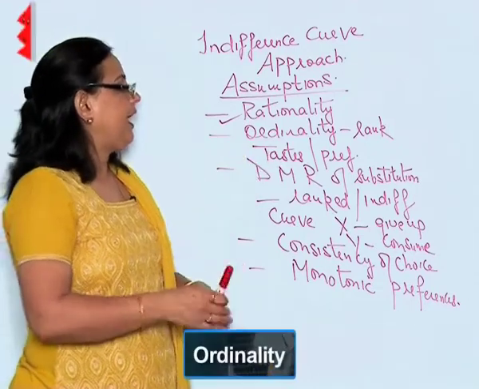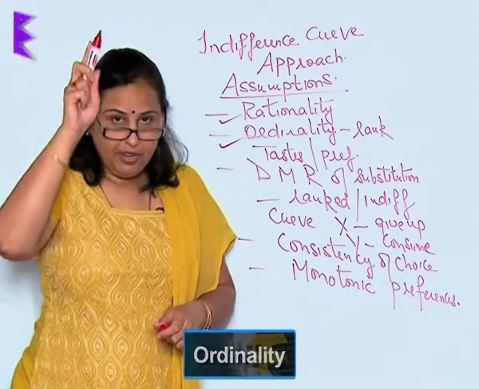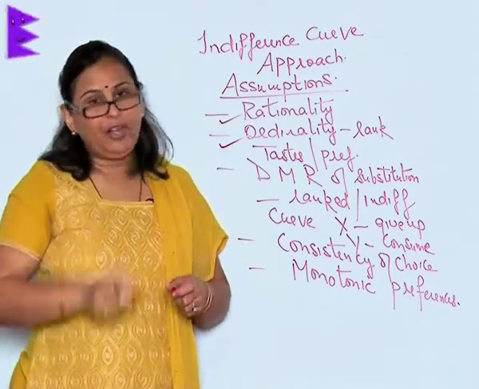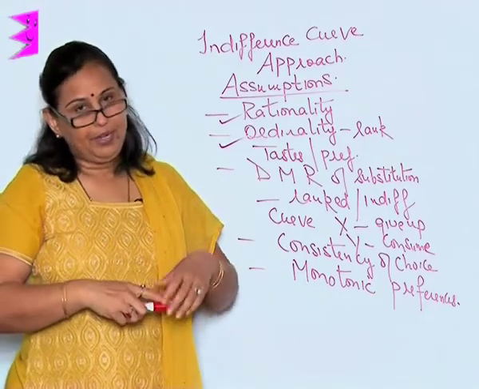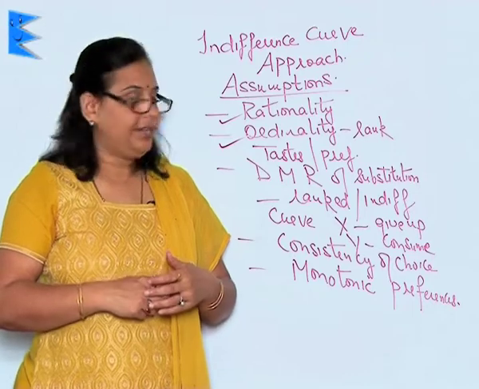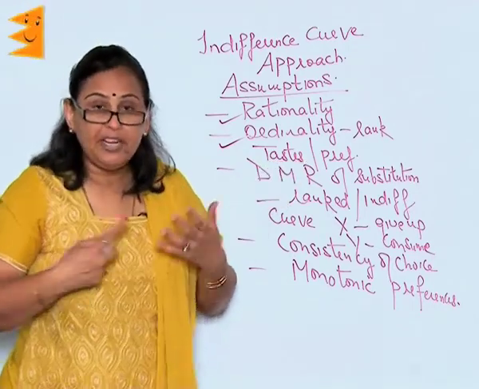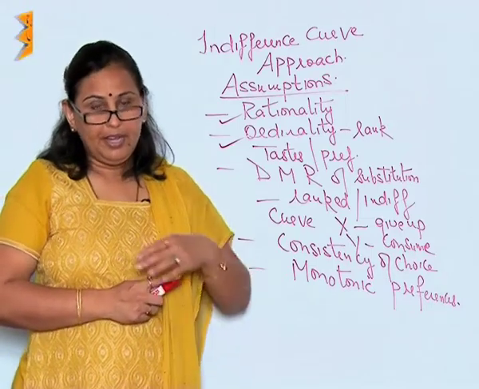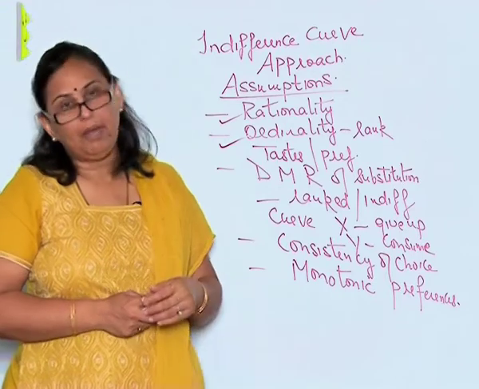Second is ordinality. That is to say, whatever units, commodities we buy, we give a number to it, we give a ranking to it, and this is according to the taste and preference of a consumer. It is never influenced by the price in the market.